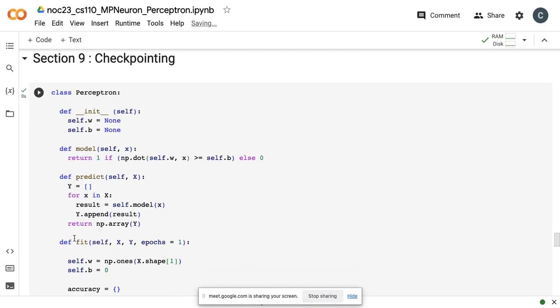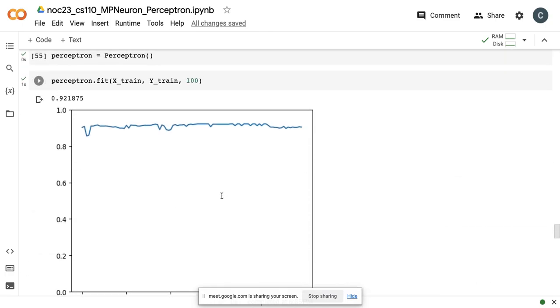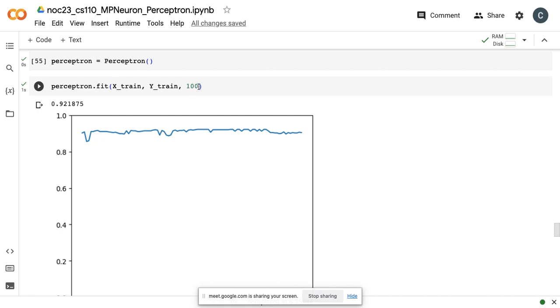It's not actually a hyperparameter, but it's usually a practice. What you're doing is running this model 100 times, making it run over the data again and again and again. If you can see my cursor here, you can see there are some small bumps: it is increasing, then decreasing again, increasing again, decreasing, like that.